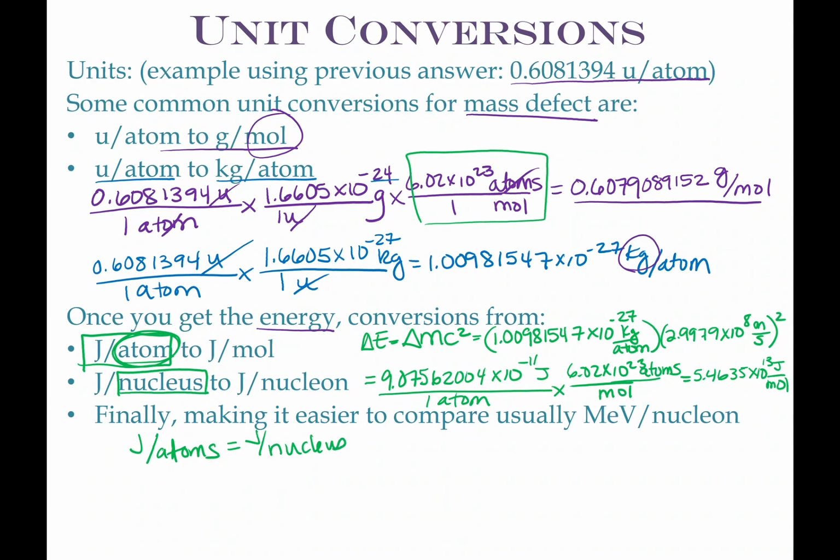Now, if you hadn't subtracted out the electrons yet, you would want to do that at this point, because going from an entire atom to the nucleus, technically we would have to be subtracting out those electrons. But we already subtracted those electrons, so we're okay. And our joules per atom is equal to joules per nucleus, so we can just change that unit. They're one to one.